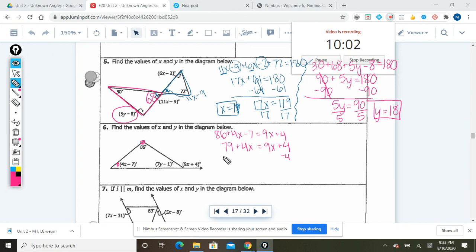I'm going to subtract 4 from both sides. I get 75 plus 4x equals 9x. Subtract 4x from both sides. I get 75 equals 5x. Divide both sides by 5. And I get x equals 15.